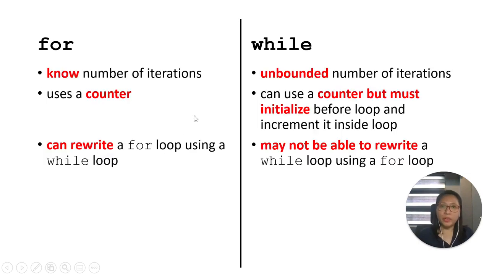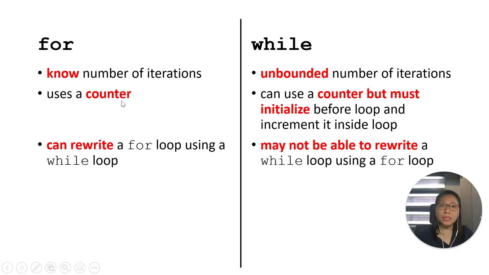So for versus while. We often use for if we know the number of iterations, and if the iteration is unbounded or we don't know the limit, it's better to use while.